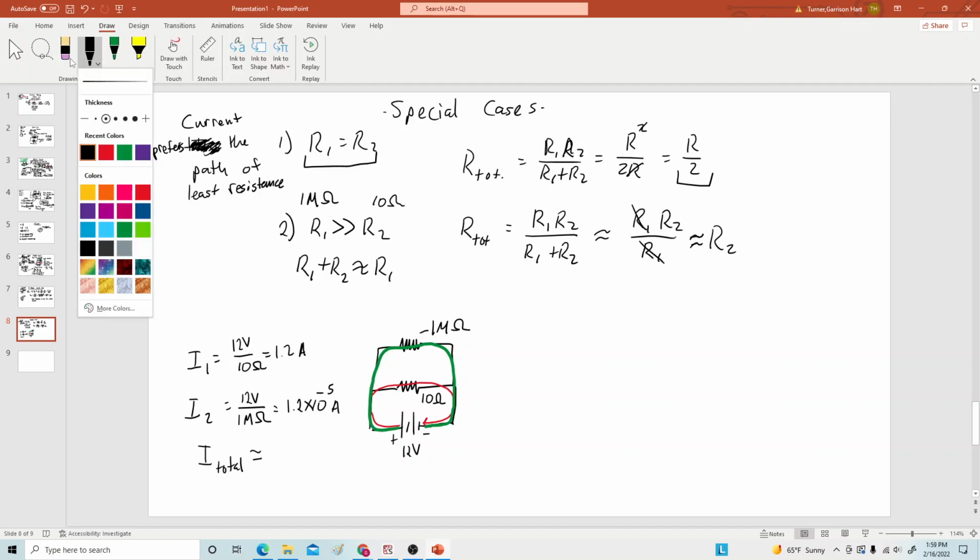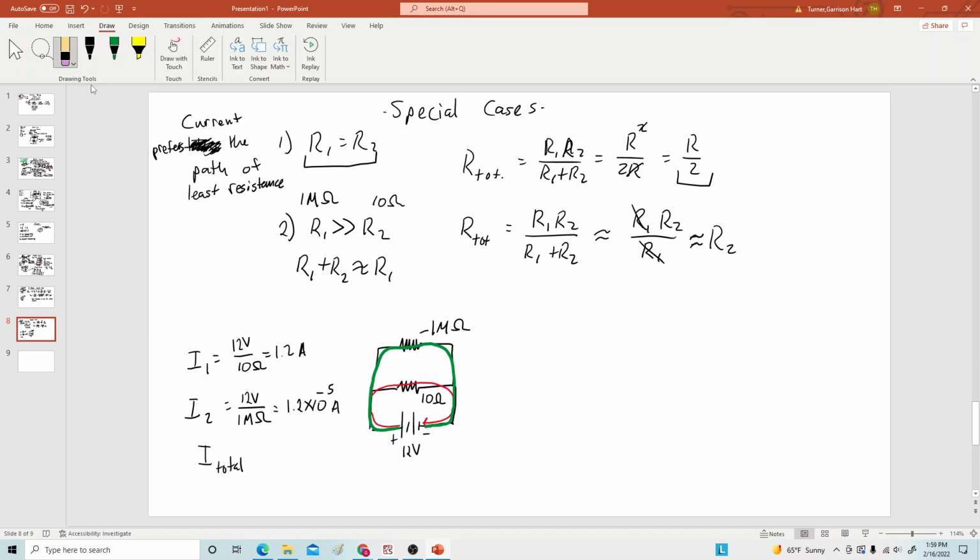So remember that I total is, this is not going to be approximately, this is going to be exact. I total is the sum of I1 plus I2. But this is going to be approximately just equal to I1 because 1.2 is so much bigger than 1.2 times 10 to the negative fifth.